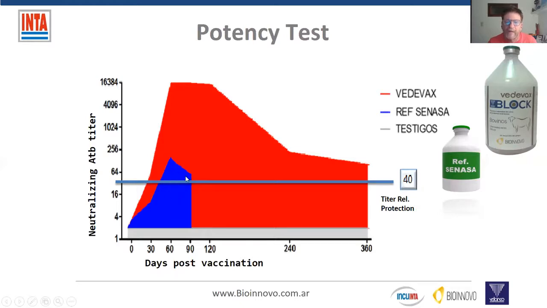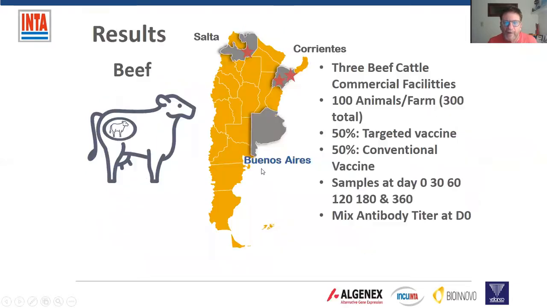This is the best vaccine in Argentina, made by the government. And this is the performance of VLPs. We can cover 1 year. This is the cutoff of protection. So realize the results of VLPs are very, very strong, and we are very happy with these results.